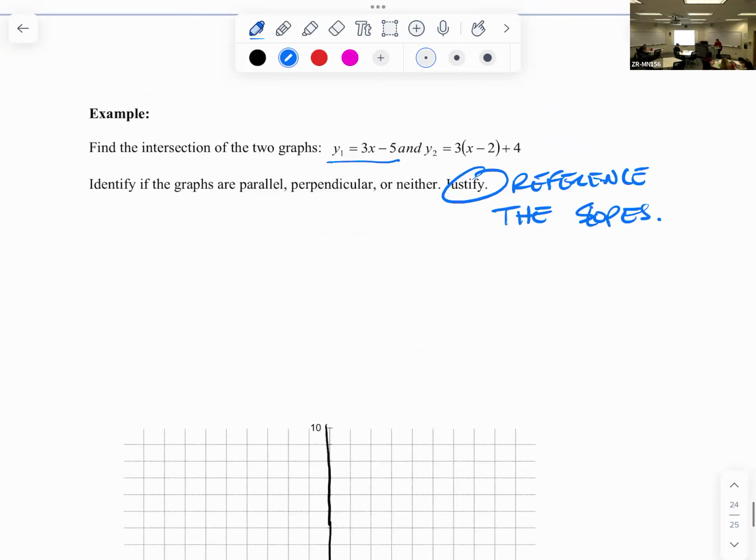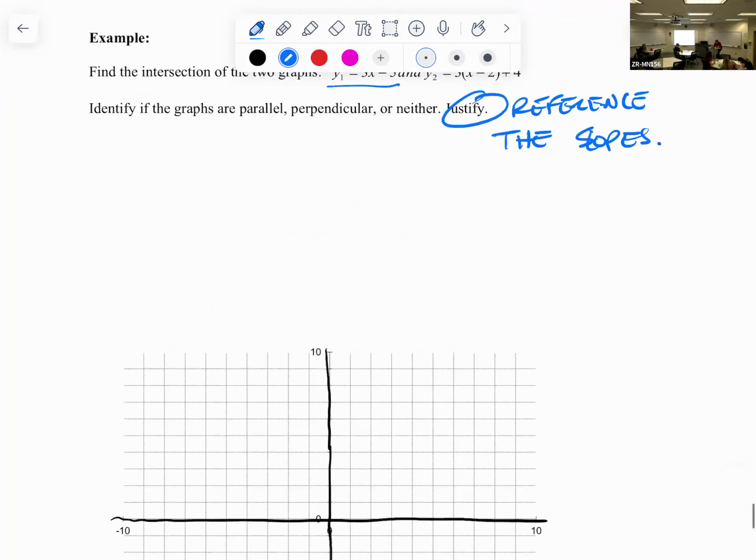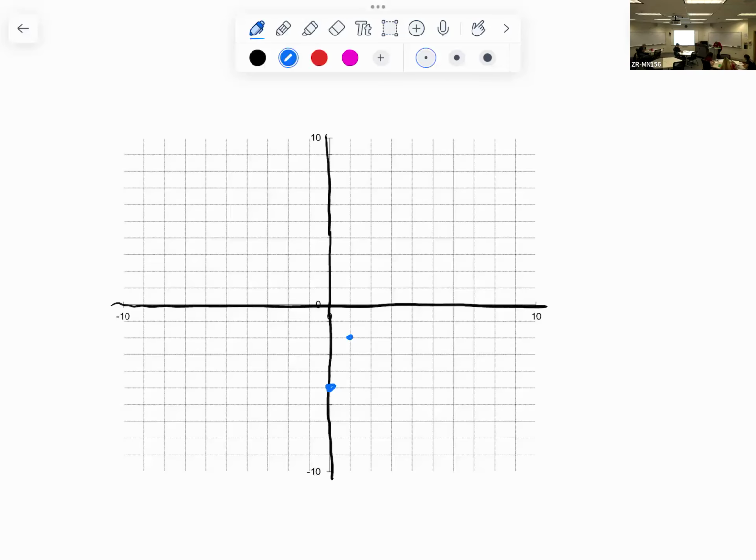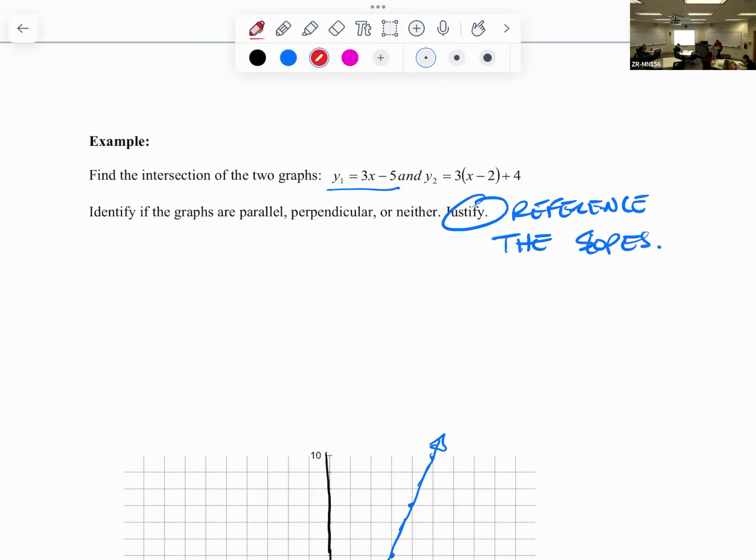And then what's the slope of our blue line? 3/1. So blue line, pretty straightforward, not much to do there. The red line, can I just go to the graph here? No. What do we need to do?